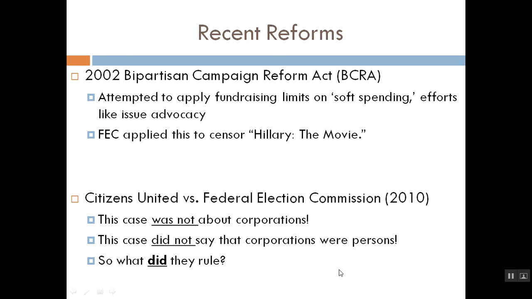So let's take a moment and let's look at the reasoning in this case. Let's look at how the court was able to justify its decision that the application of the FECA's limits on spending to soft money by the BCRA was unconstitutional. And the first, most important argument that the court is going to present in this case is that the First Amendment is there to protect not only speakers, but speech itself.